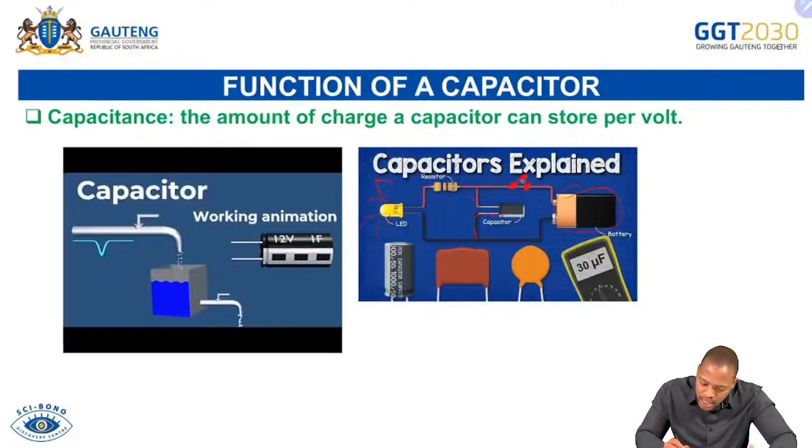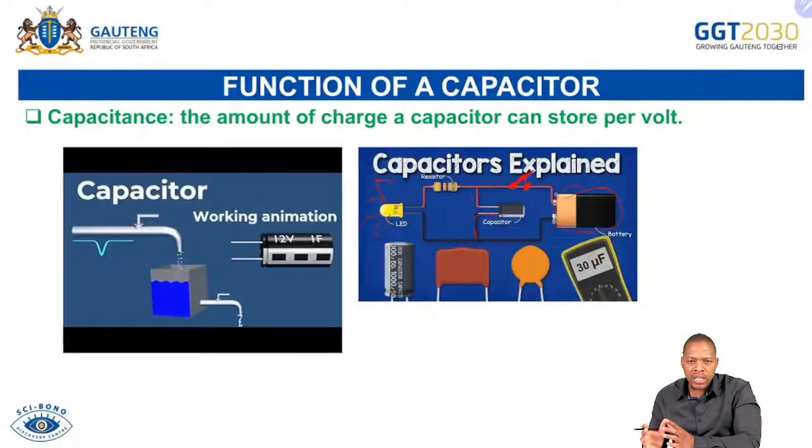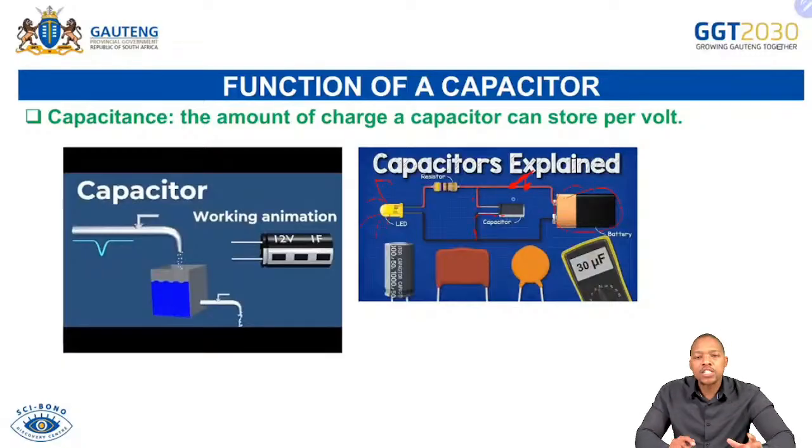If it happens that the circuit opens a gap on this switch, normally open, normally closed, once that gap is opened, it means the charges are no longer moving from the battery's point of view. Then the capacitor will start discharging, because in a capacitor a potential difference will be created.